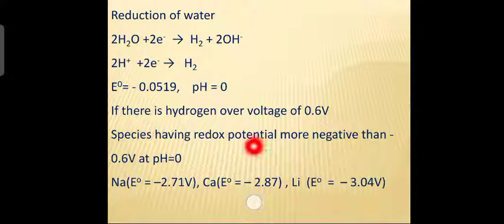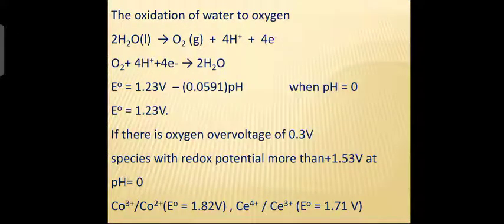Okay, the Na E0 value is given as minus 2.71 volts, calcium E0 value is minus 2.87, and lithium is minus 3.04 volts.